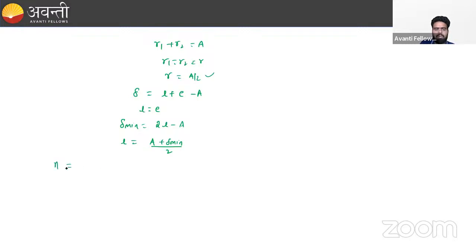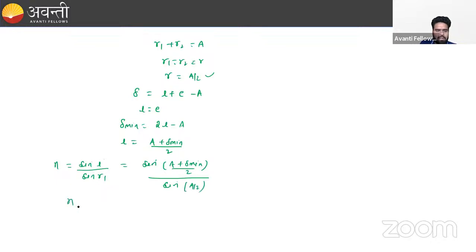So in this manner, if we put the values in equation number 1, n equals sine I upon sine R1. In place of I, we put A plus delta minimum upon 2, divided by sine R1, in place of R1 and R2, that is R equals A by 2.